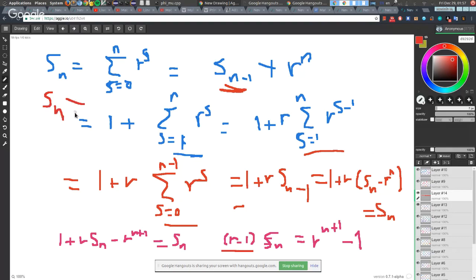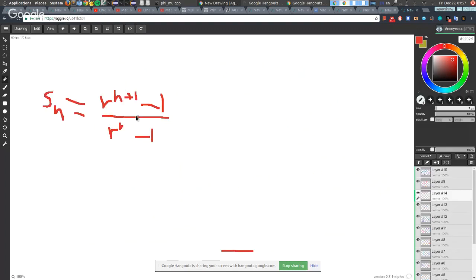Basically, you end up having this formula for the geometric series. So this is the sum of the geometric series.